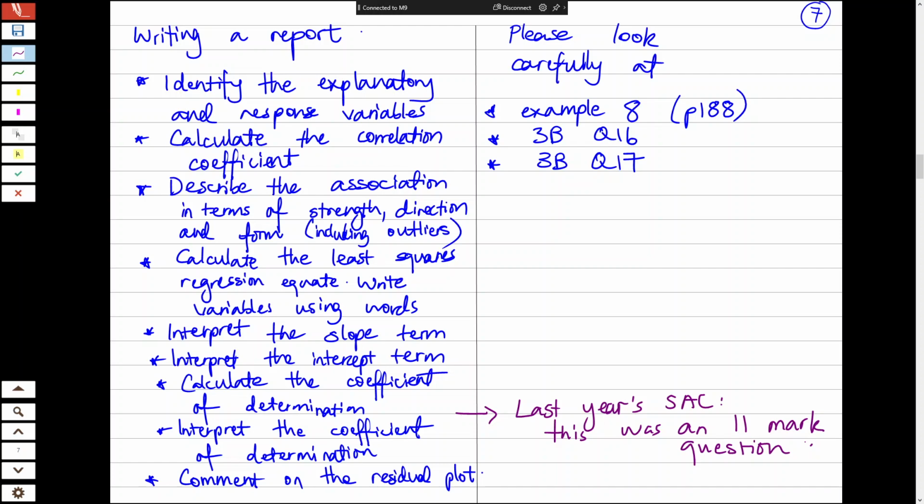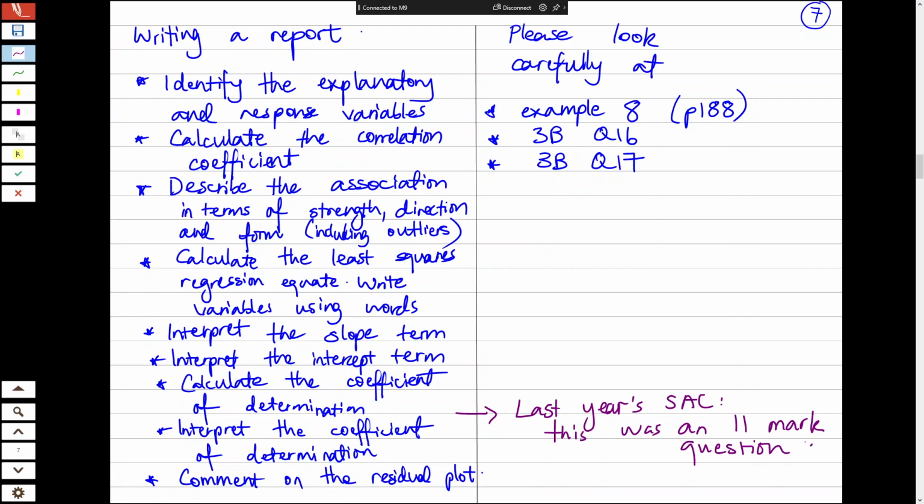So in exercise 3b, they give you the equation and then you do all this stuff. In exercise 3c, they just add one more step. They give you the raw data and you have to calculate the equation and then you do all the analysis. Okay? Sounds easy. This question was not answered well last year in the SAC.